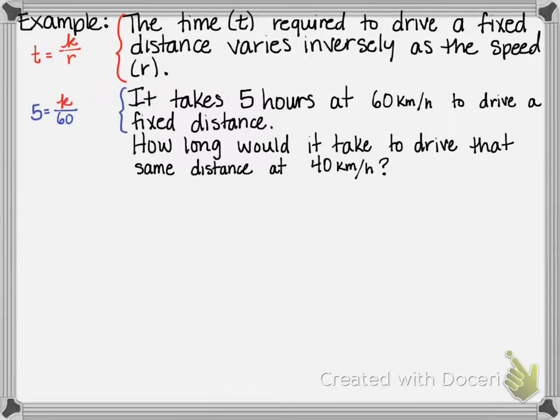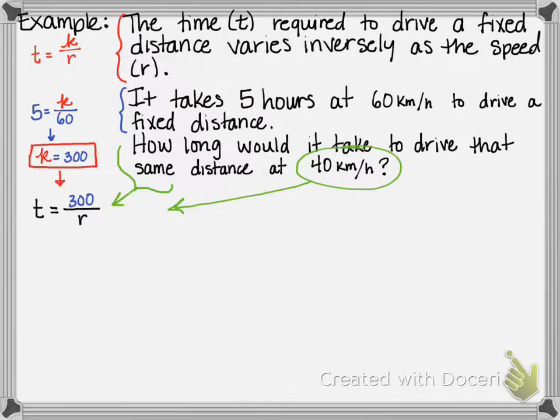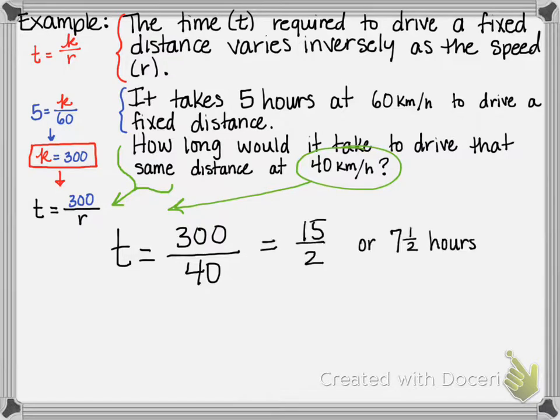Then we put in that data, the 5 hours and the 60 kilometers per hour, and we solve for k. We see that k is 300. From that, we can write the equation of variation. Now that we have the equation of variation, we answer the question given an r of 40 kilometers per hour. We find that the time is going to be 300 over 40.